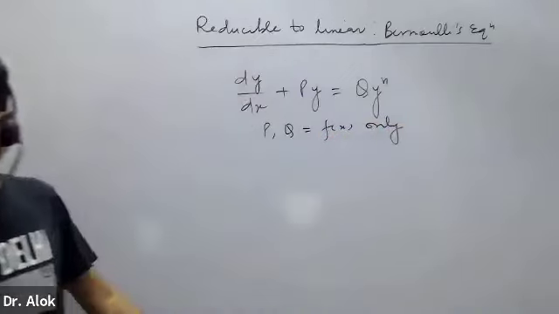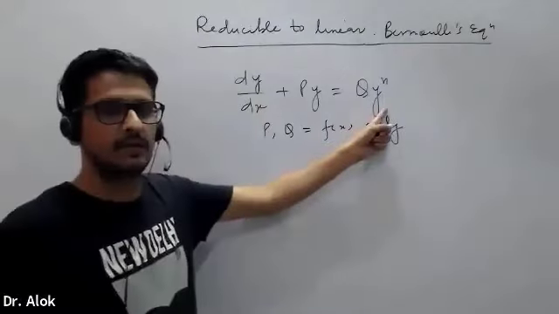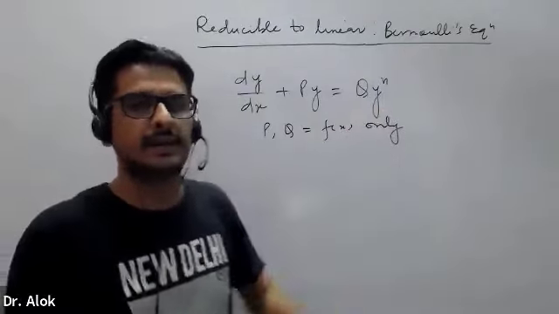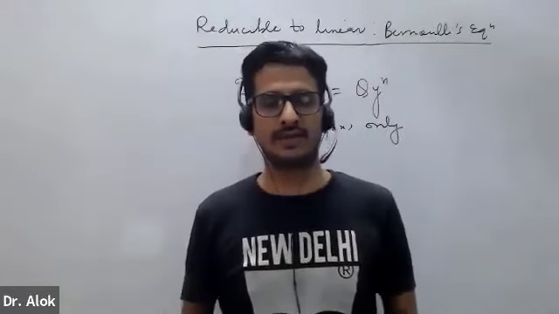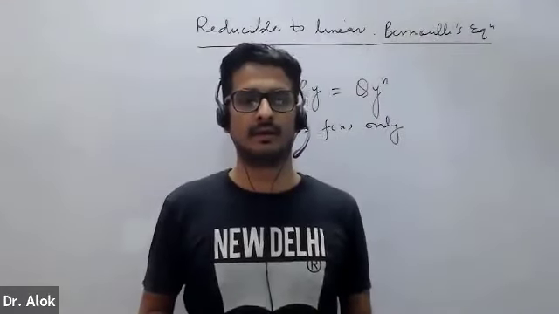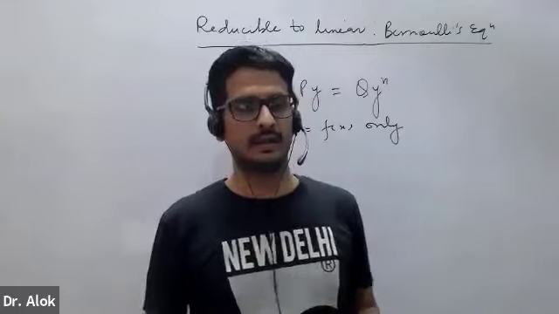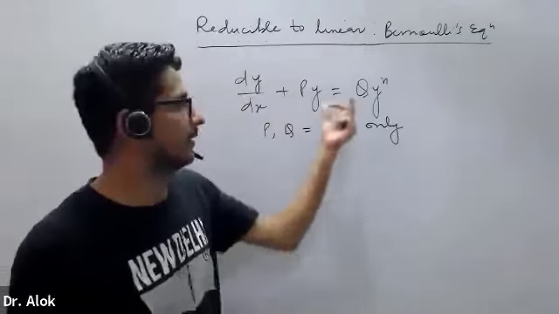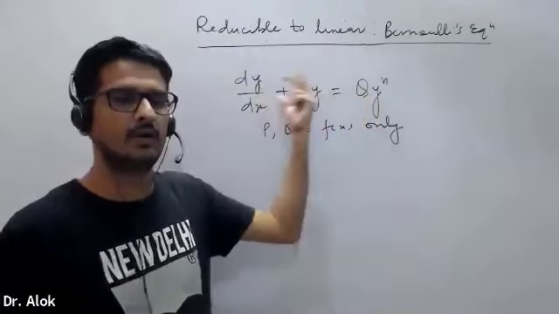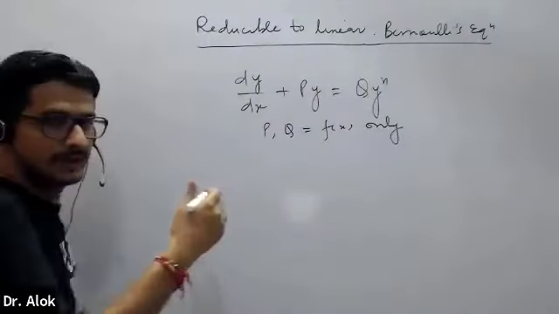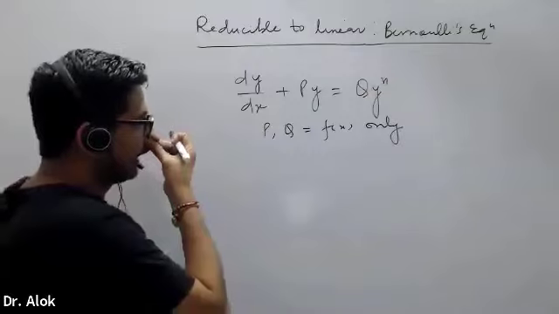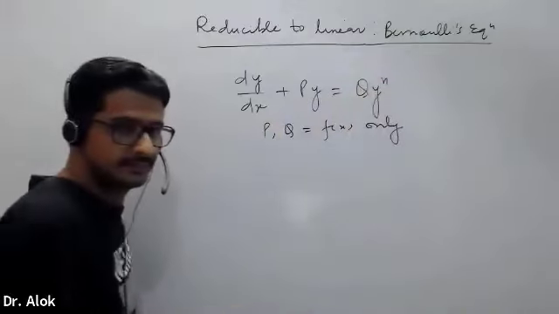Because the right side has a presence of y, this is a particular type of non-linear equation. Such an equation is known as Bernoulli's equation, and n can be an integer.